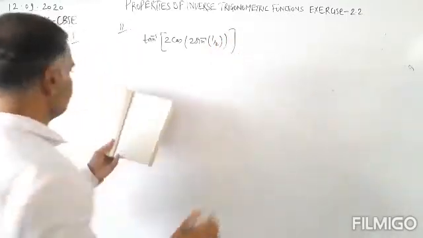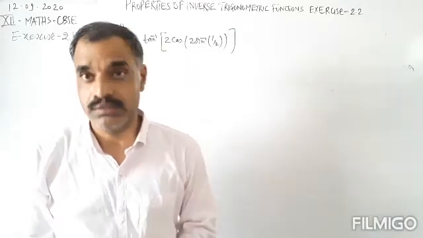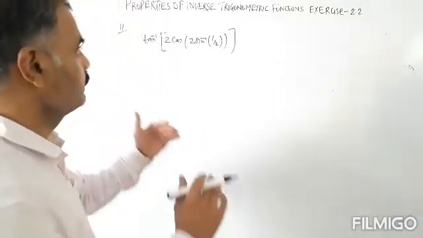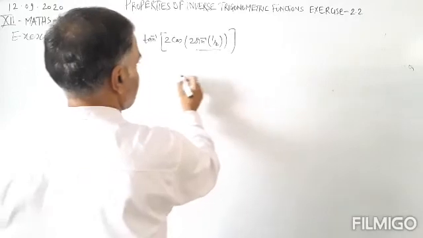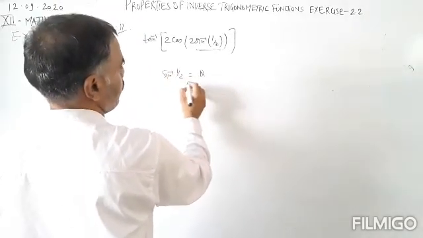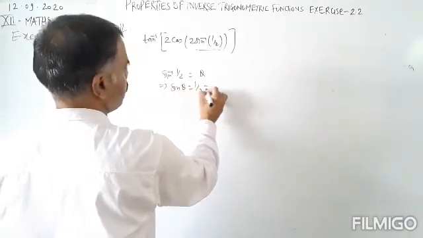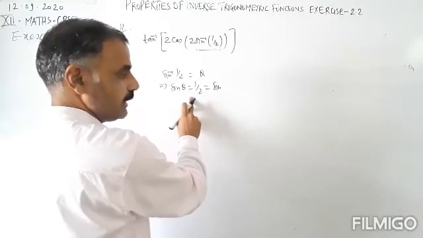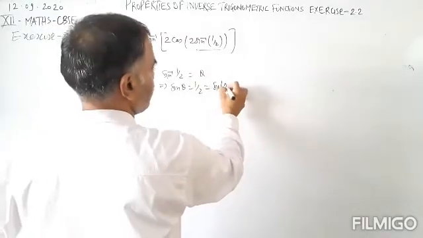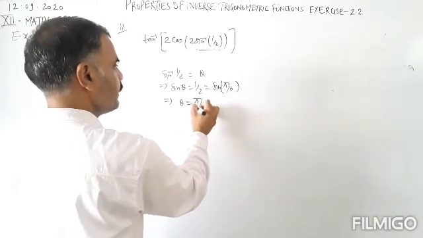We have to find the value of this. Not a difficult task. Let sin inverse 1/2 equal θ. This implies sin θ equals 1/2, that is sin 30 degrees, which is π/6. So θ equals π/6.